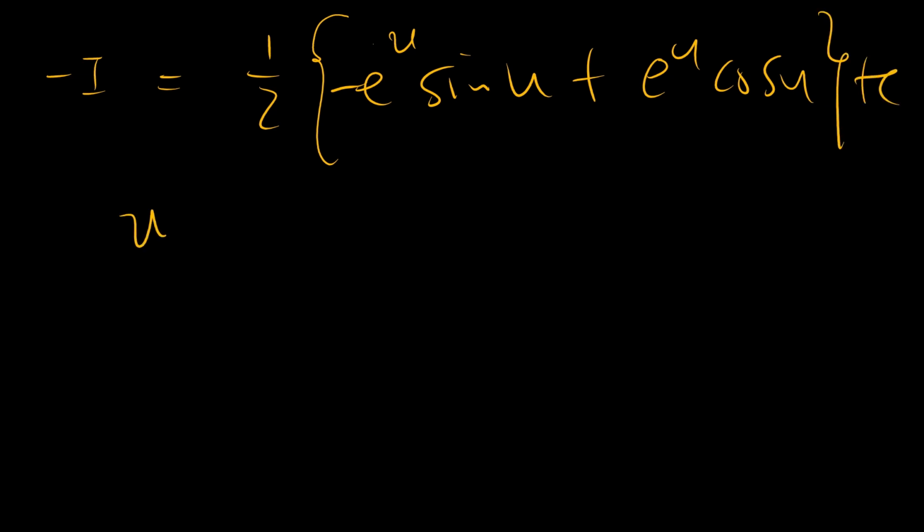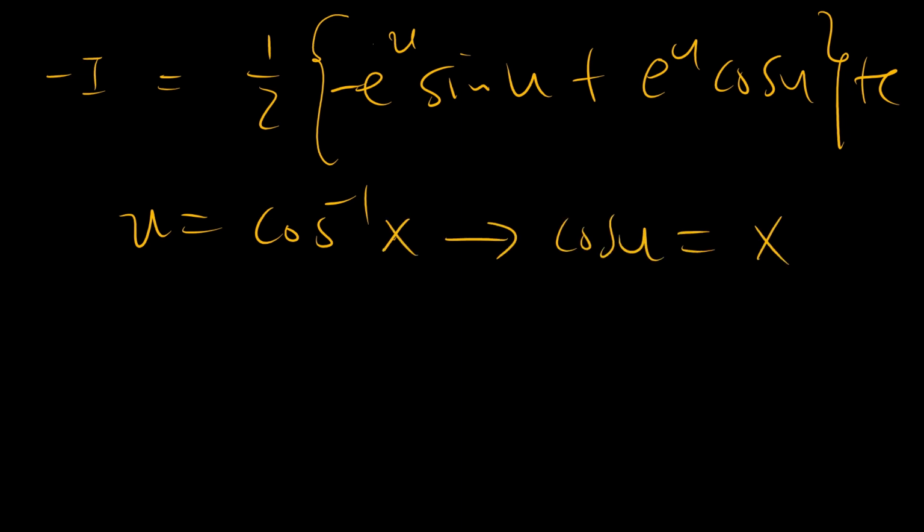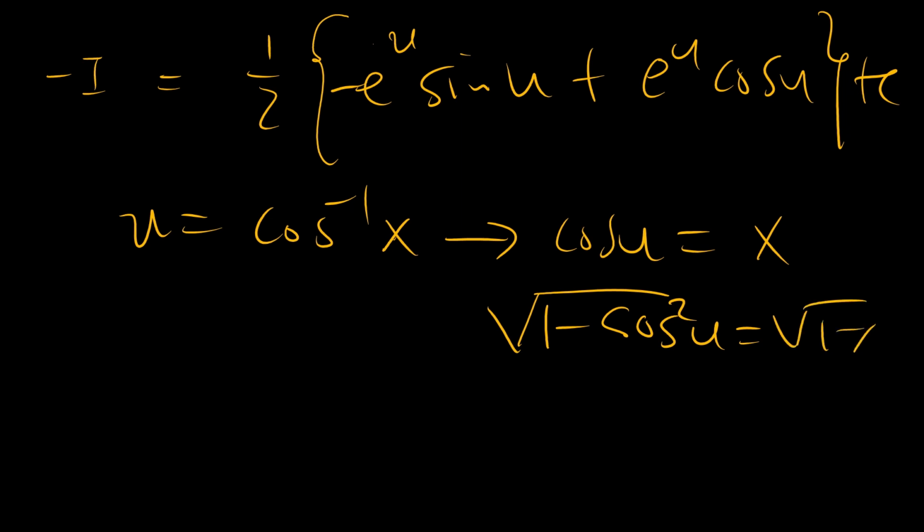But u is equal to arccosine of x. That means that cosine of u is equal to x, and that means that sine squared u is equal to 1 minus x squared.